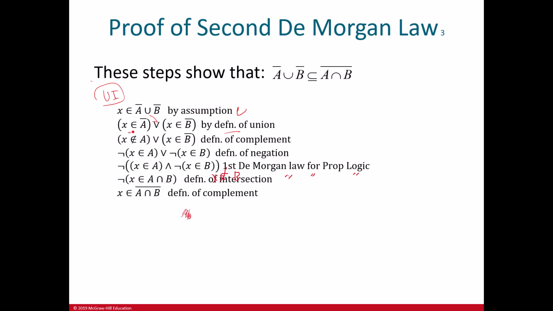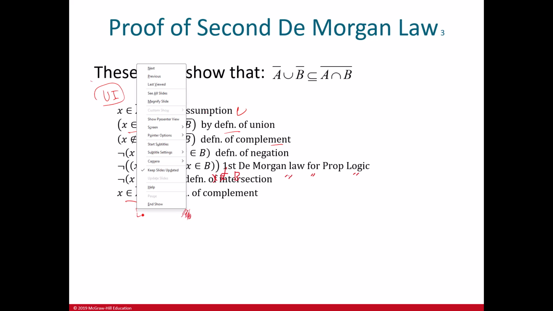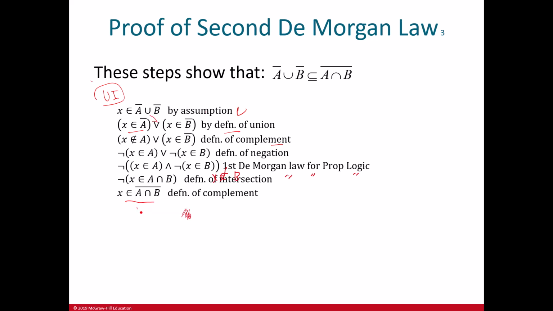Then I go and unpack this using the definition of complement, negation, okay, and then here I have De Morgan's, definition of intersection, and finally I got what? I got the left hand side.